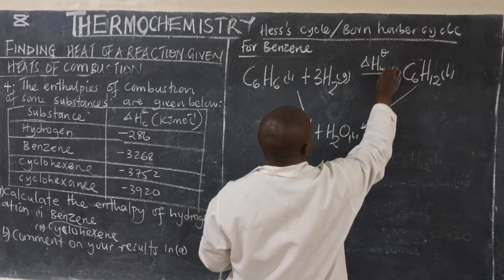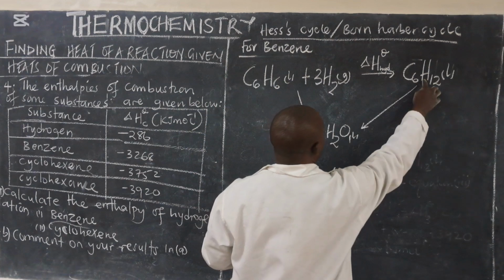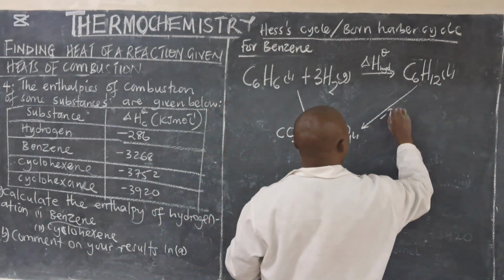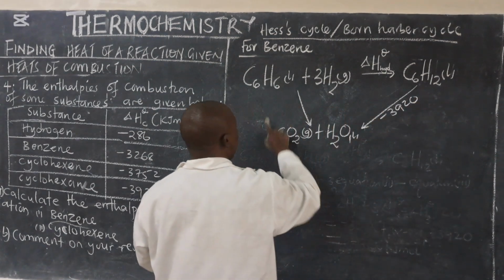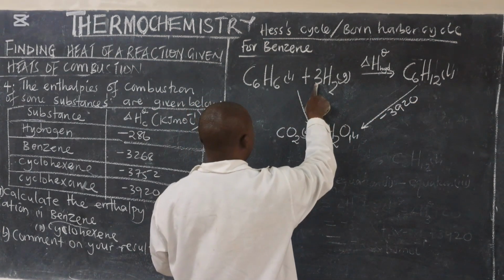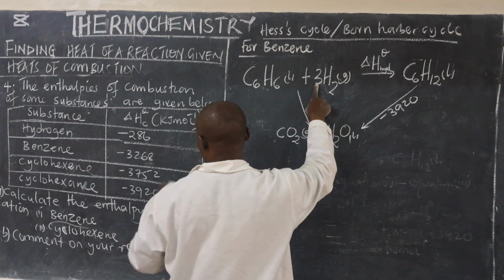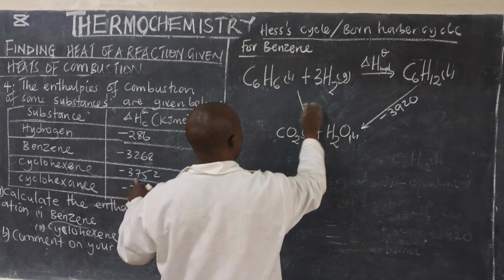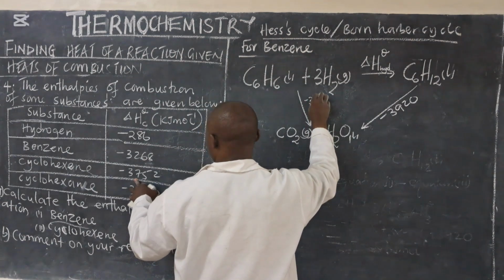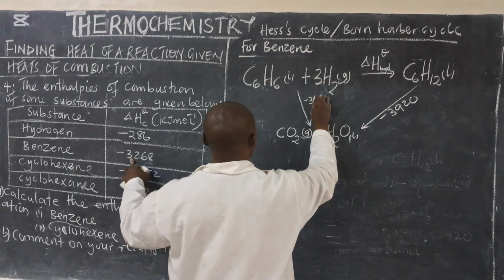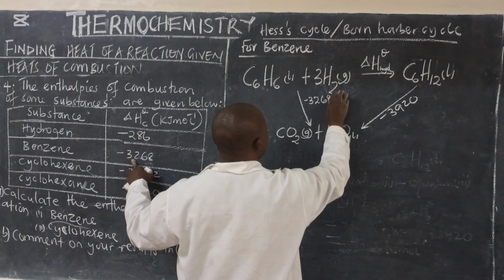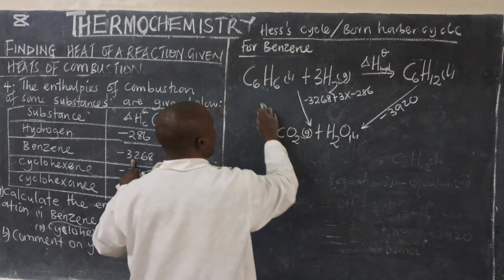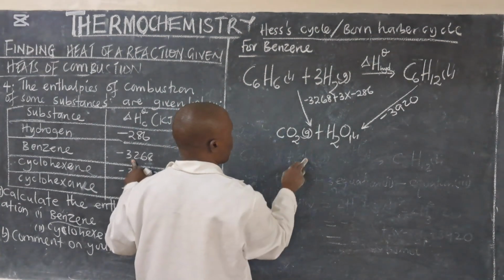So we are going to look at this. This is the hydrogenation value. So this one, combustion of cyclohexane, gave us negative 3920. Then for this case, we have burnt 3 moles of hydrogen, so I'll multiply by 3. Then we burnt 1 here, so this will be negative 3268 for benzene plus 3 times negative 286 for hydrogen. So total oxygens, we can just balance the equations.